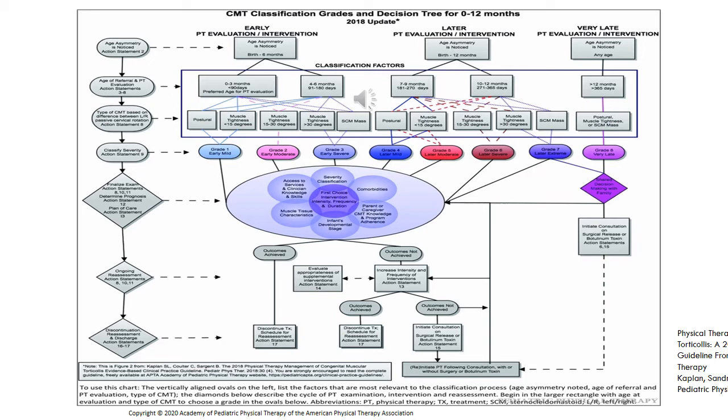And if you see that large oval in the middle there in purple, that really deals with the rest of the story. So thinking about areas such as patient and caregiver knowledge on the challenges with CMT, program adherence, what is the state of the muscle tissue, what is the child's developmental stage, do they have any comorbidities? All of those are going to come into play to impact prognosis.